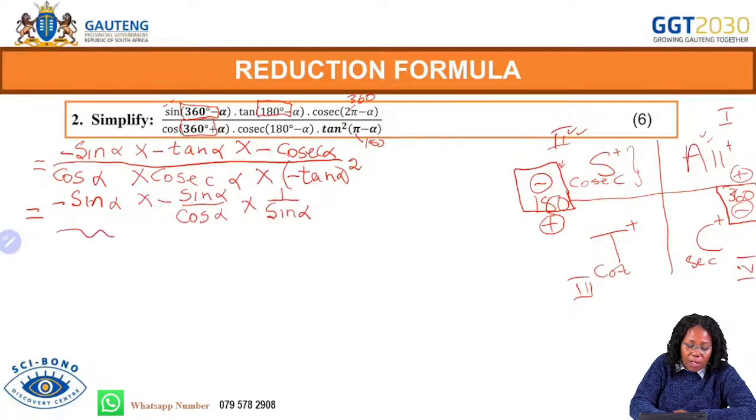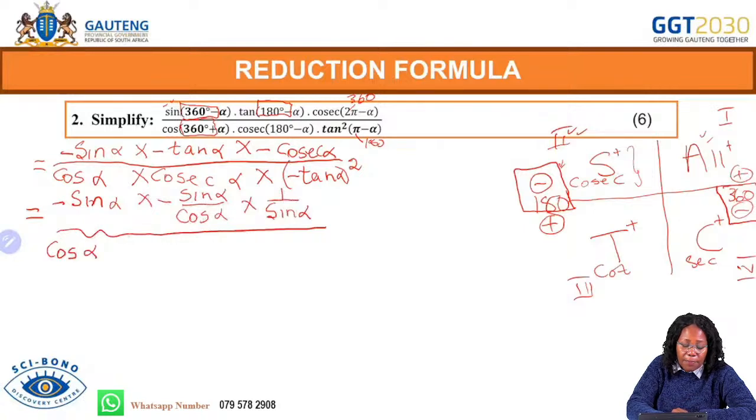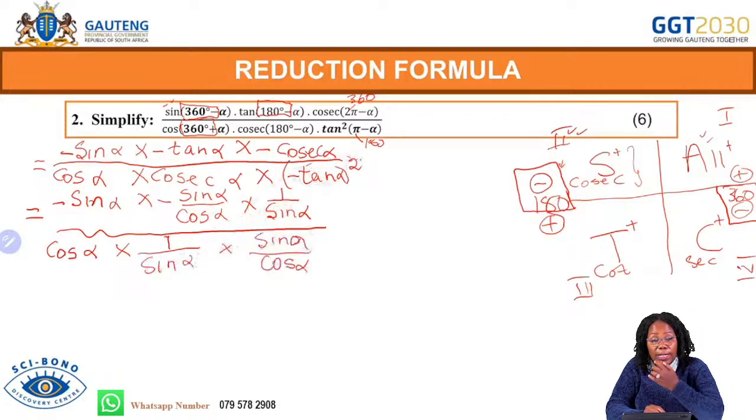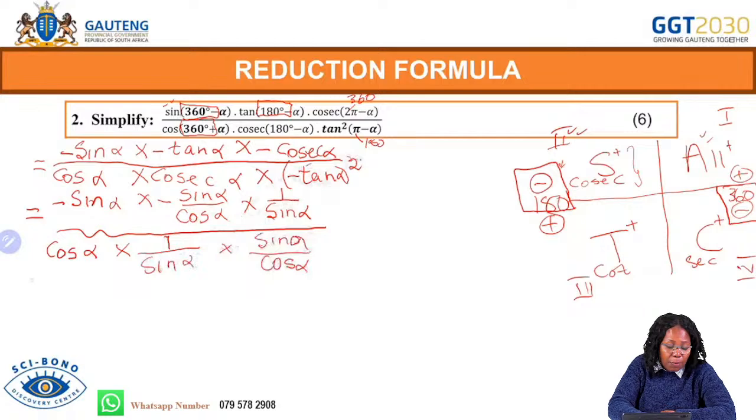That is our numerator, division line for everything. On the denominator, we have cos alpha, multiply by cosec, the reciprocal of sine, it will be 1 over sine alpha. And then multiply by negative squared, which will be positive, tangent is sine over cos. Positive 1, because 2 negatives will give us a positive.